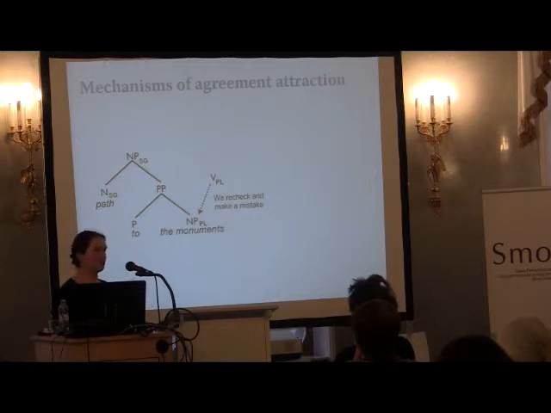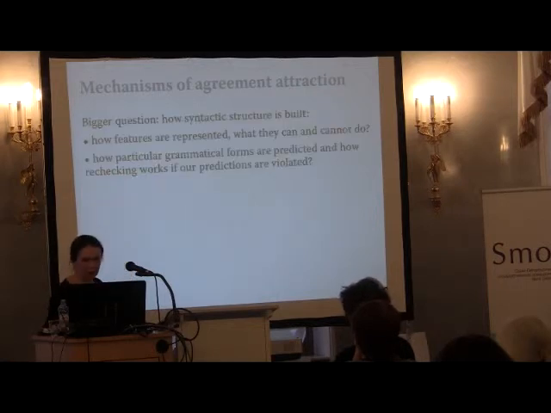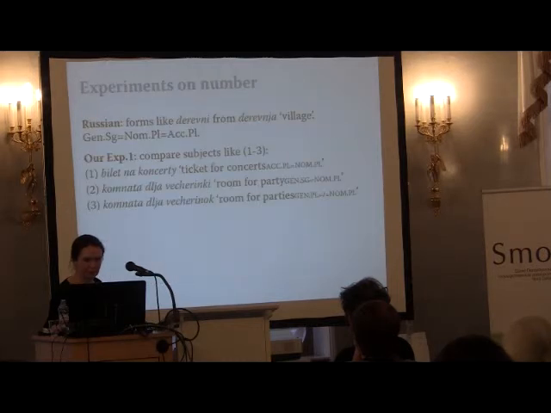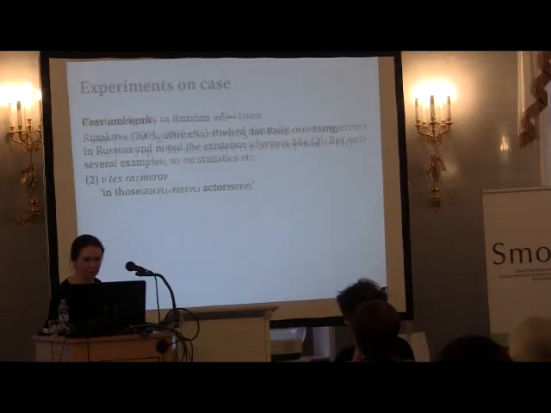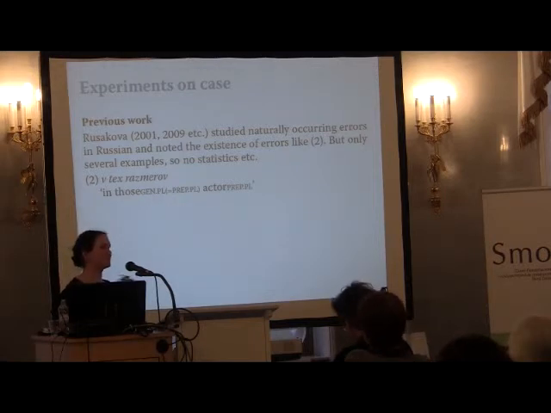In Russian, even if you control for morphological ambiguity, there are very few such subject-predicate agreement mistakes in the corpus. But we have a lot of these case mistakes. So it's very interesting to understand why.